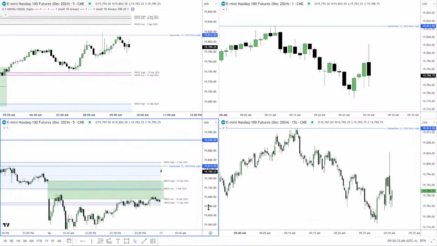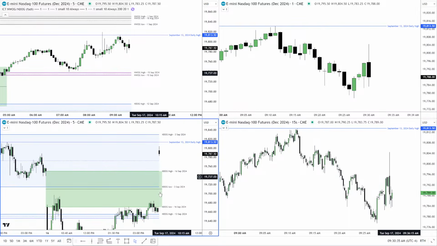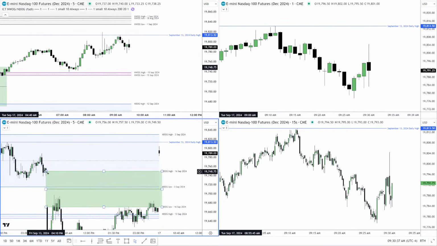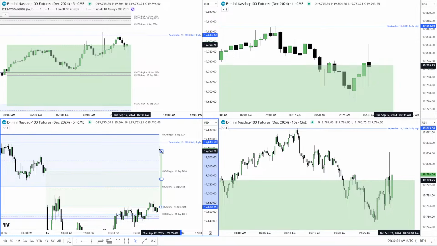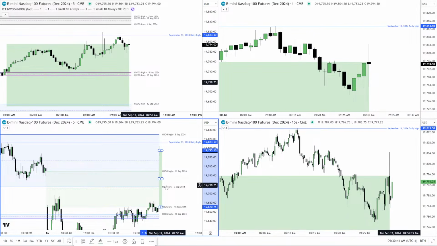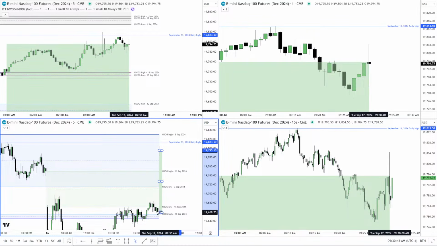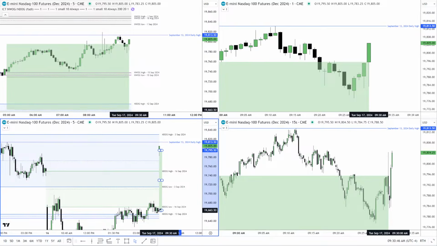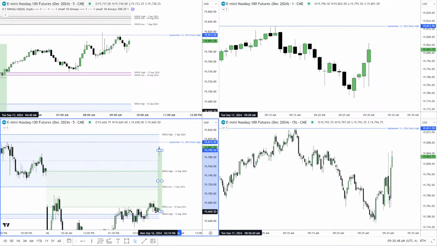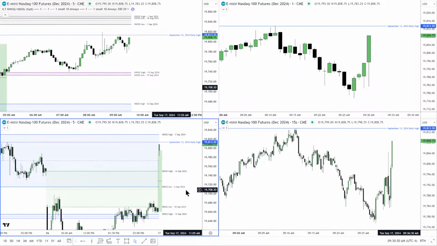All right, lower left-hand corner, 5-minute chart, we have an opening range gap, premium opening. Okay, sweeping Friday's high once more.